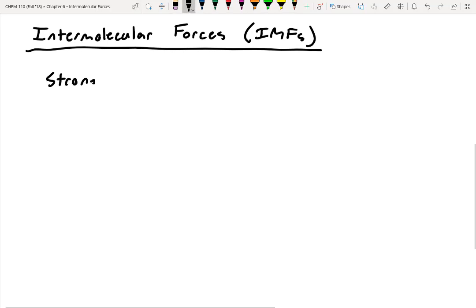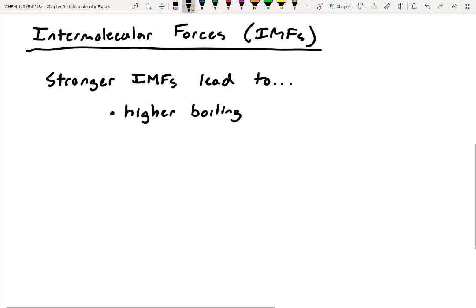And stronger intermolecular forces lead to a variety of things. The first thing is typically if you have a stronger intermolecular force, you have a higher boiling point, meaning it takes more energy or more heat to get something to boil. Second thing is you typically have a higher freezing point.